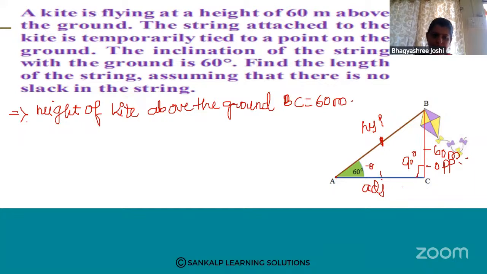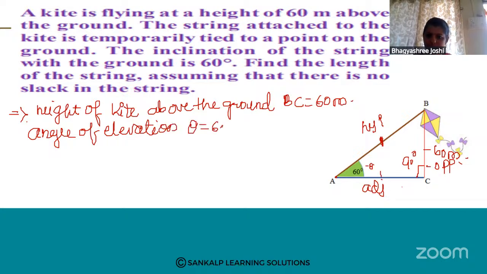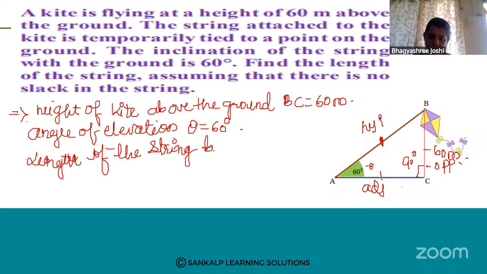And the angle of inclination or angle of elevation theta is equal to 60 degree. And find the length of the string. So length of the string AC is equal to question mark. We need to find out.